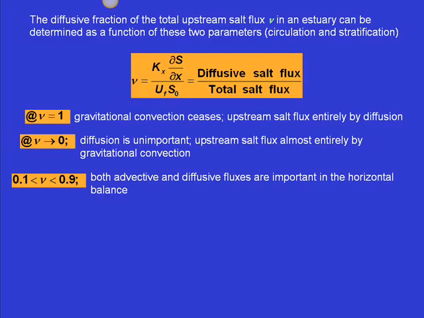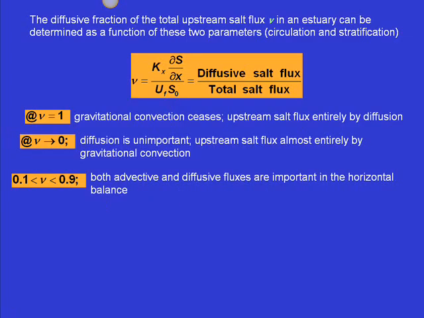The mean circulation is irrelevant in driving salt into the system. That's when nu equals 1. That is, mixing dominates over advection. And when nu approaches 0, it means that the diffusive flux is very small with respect to the total salt flux, so the advective salt flux will be much more effective than the diffusive salt flux in distributing the salt in the estuary. And when nu is between those two, both advection and diffusion are important.